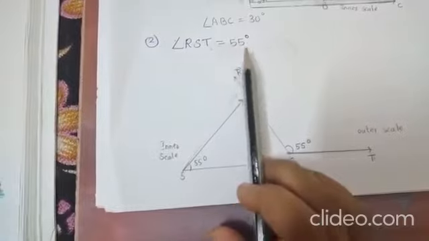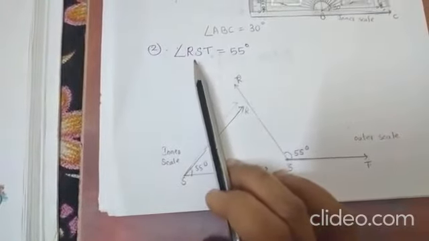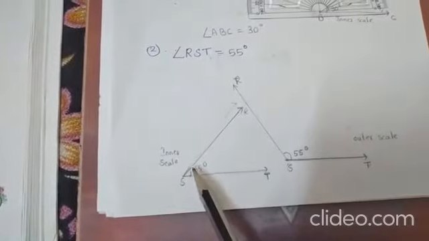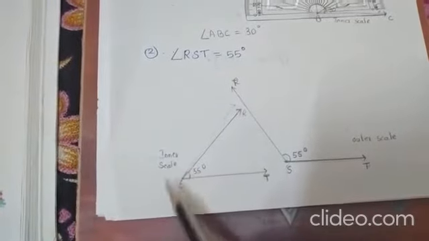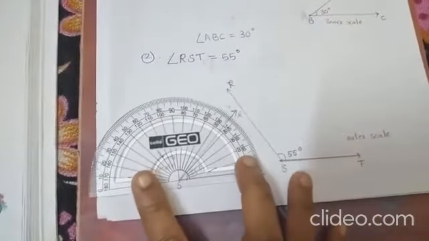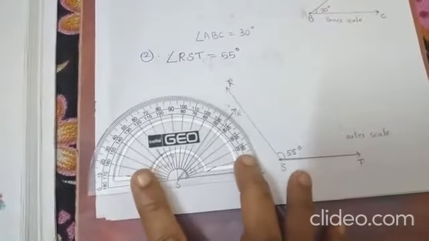RST equals 55 degree. Now the measurement is given. We have to draw and write using the inner one the same way. Check it. Keep the middle one first. How much do we have to find? 55. Using the inner measurement. See, here is the 50. 50 is here, okay?